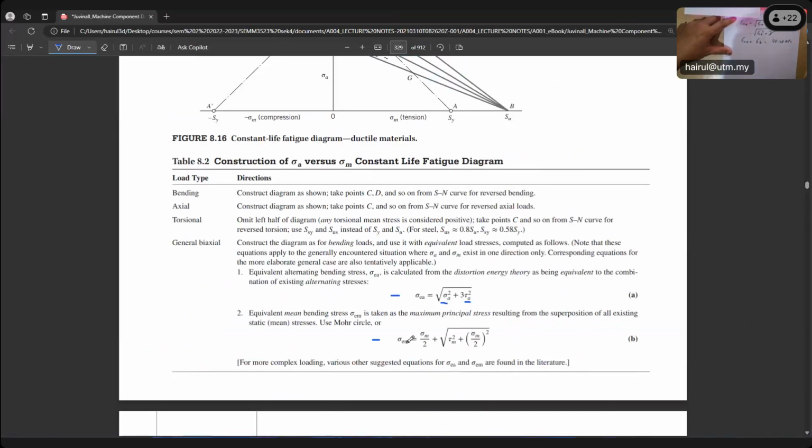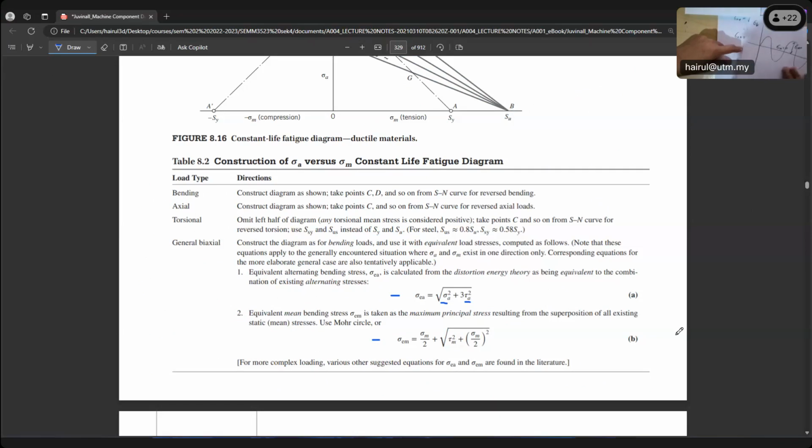Now back to the equation just now. Sigma EM, the equivalent mean, is equal to, and you must take note of this equation, sigma mean over 2 plus the square root of tau mean squared plus sigma mean over 2 squared. So this is sigma EM. Focus on bending stress.